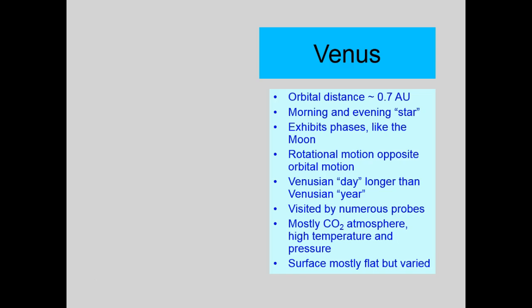Okay? It also exhibits phases just like our moon does, because sometimes, okay, it's going to be the sun again. If you're the sun and now Earth and Venus is over here, then only this part of Venus is being lighted. This part is dark, just like our crescent moons. Okay? When it's back there on the other side, can you be Venus this time?